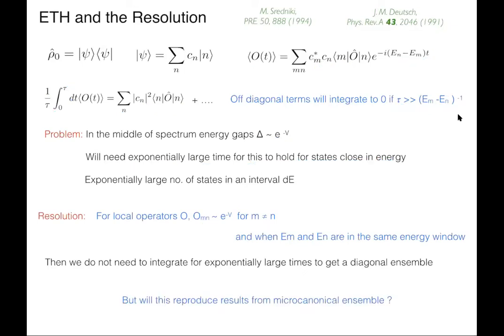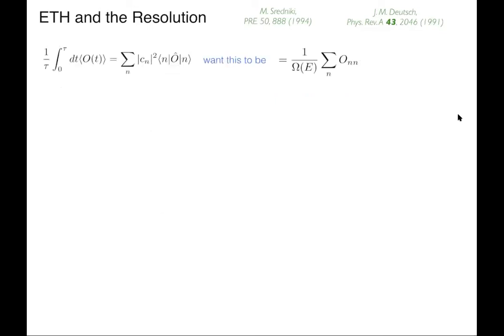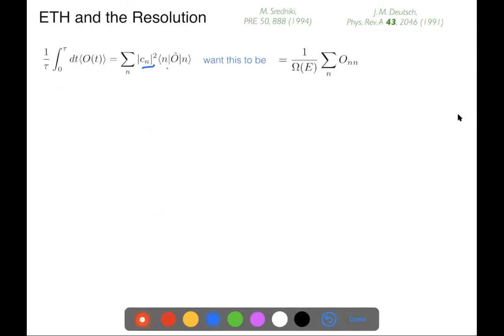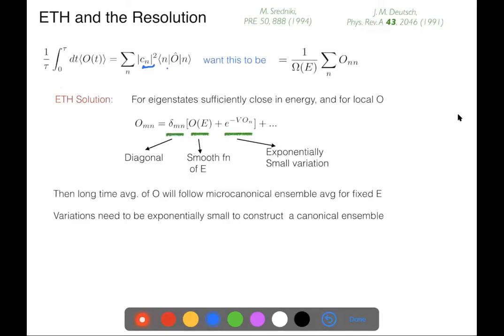Of course, will this reproduce results from the microcanonical ensemble? You need a little bit more. You have got a diagonal bit, but what you want is the coefficient C_n squared to be constant, because you said it's equal probability for all of them, and you want this to be 1 over Omega(E). That was the ETH solution.